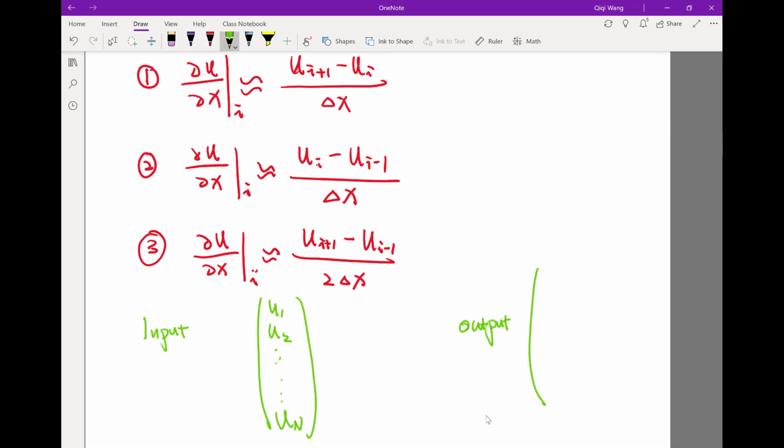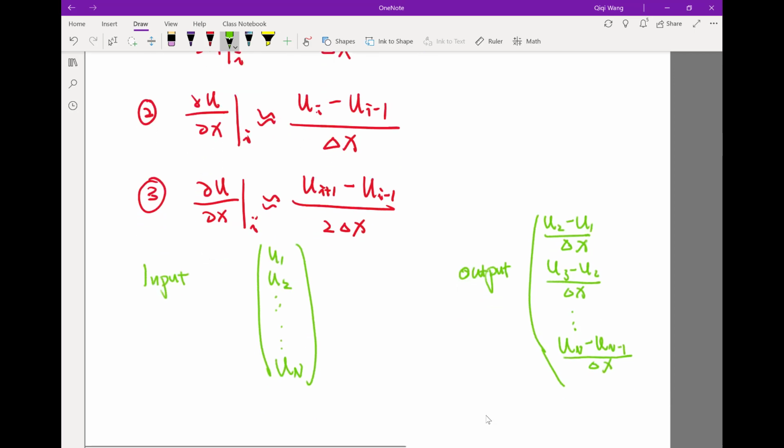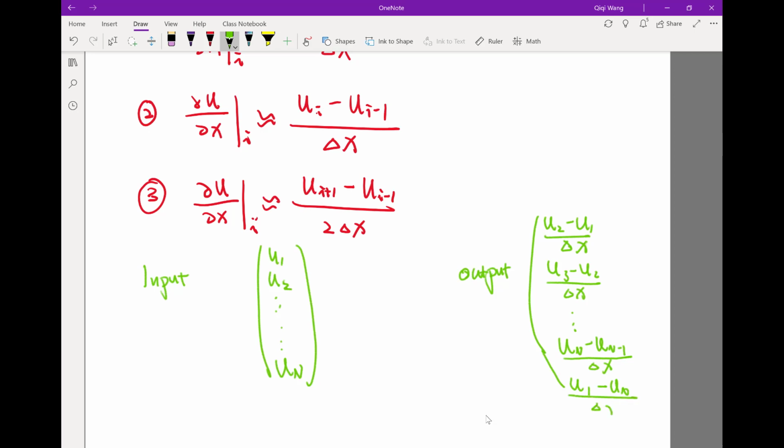So let's just select option 1 for now. We have u2 minus u1 divided by delta x, and u3 minus u2 divided by delta x, etc. Up to the very end, the second last value would be un minus 1 divided by delta x, and the very last value would be u1, because we have periodic boundary condition that wraps over, minus un divided by delta x, right?